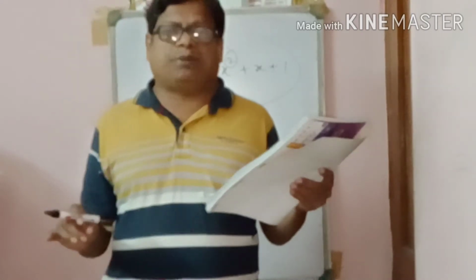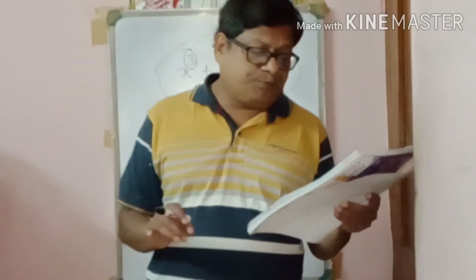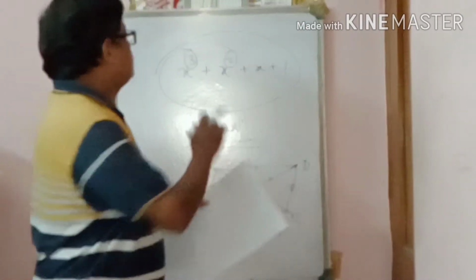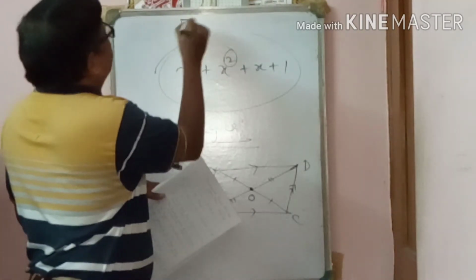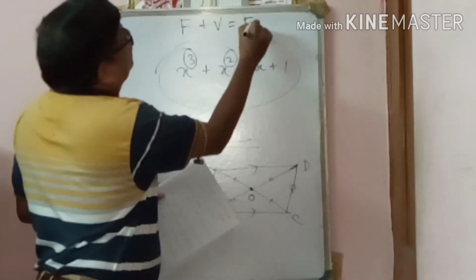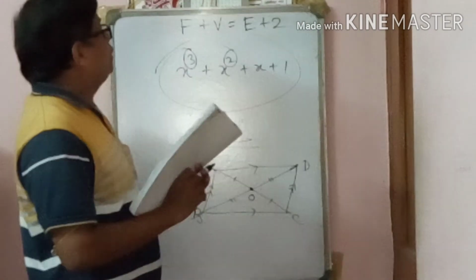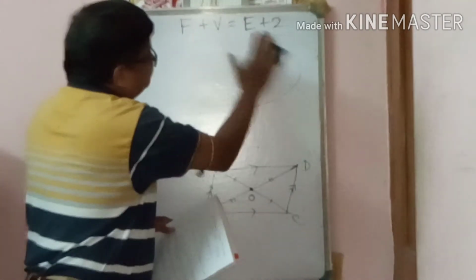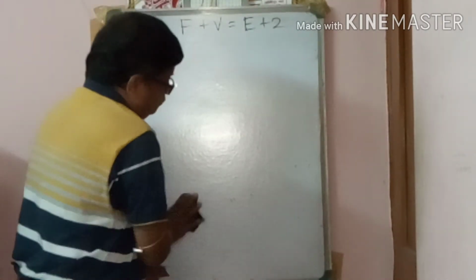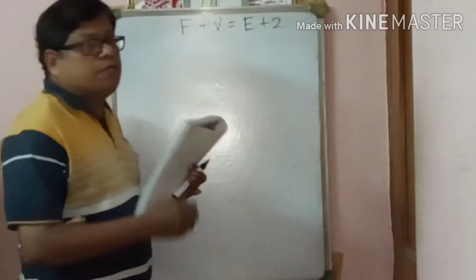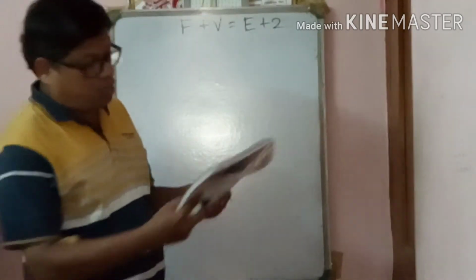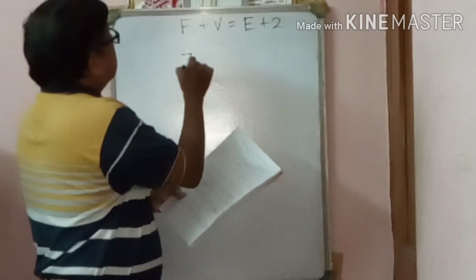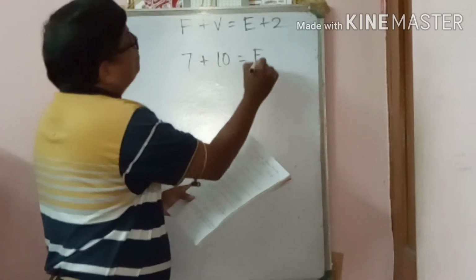Faces are 7 and vertices 10, so 7 plus 10 equals E plus 2.